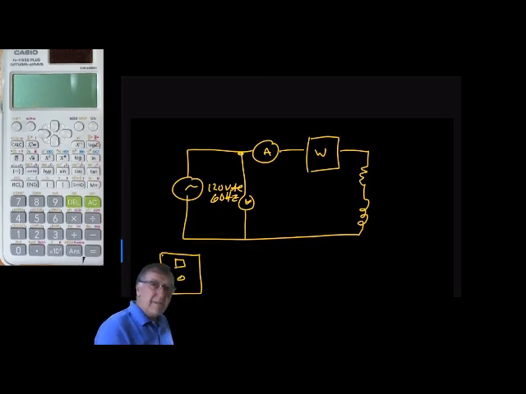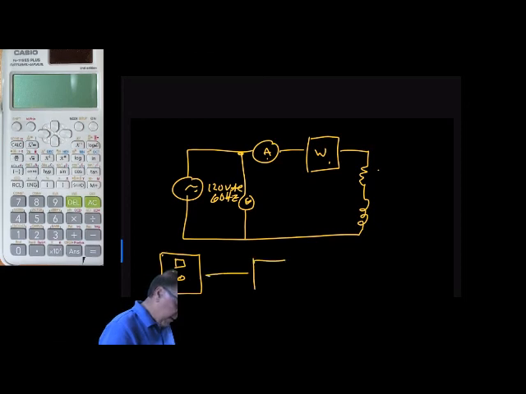You actually measured these in the last lab. You had a circuit like this. You remember this circuit? You had a voltage input, 120 volts. You had an ammeter, voltmeter, wattmeter, and you had a resistive load. And your wattmeter connected to the DC power supply.